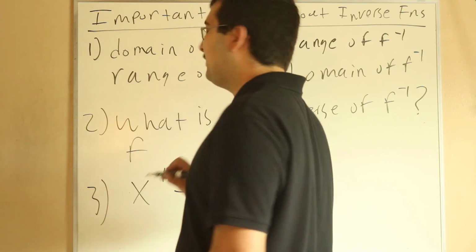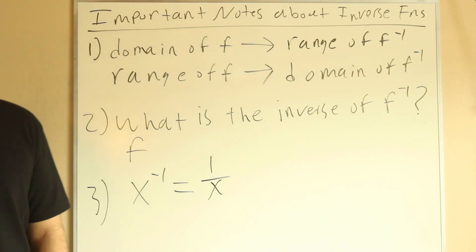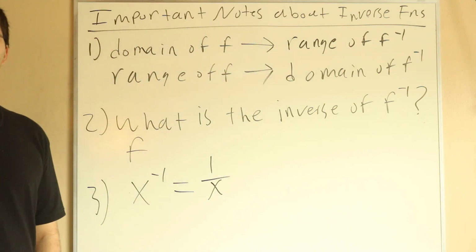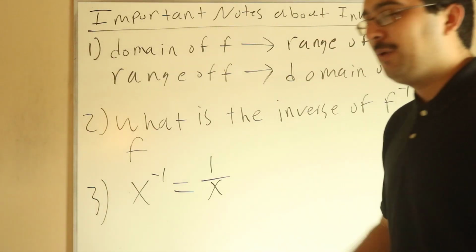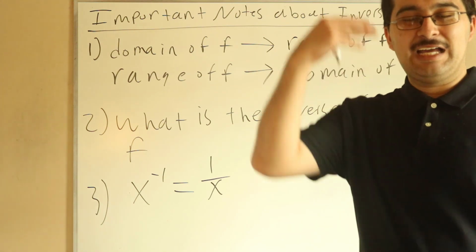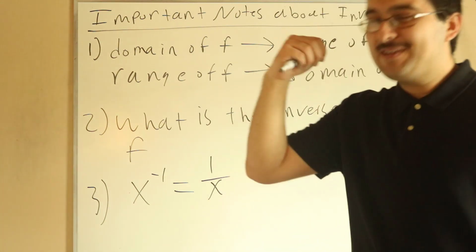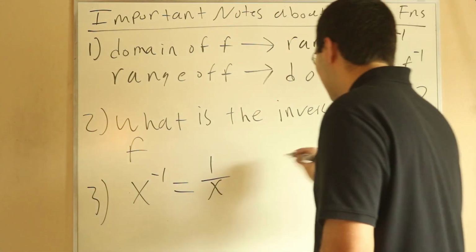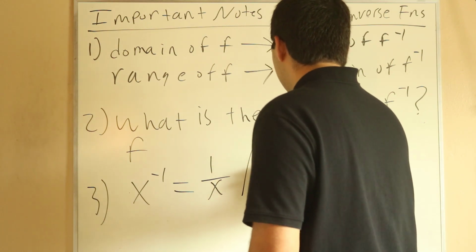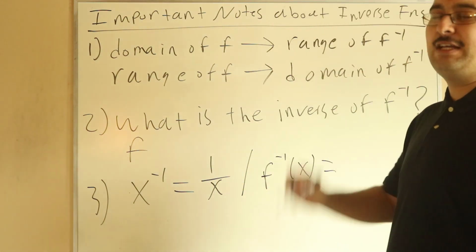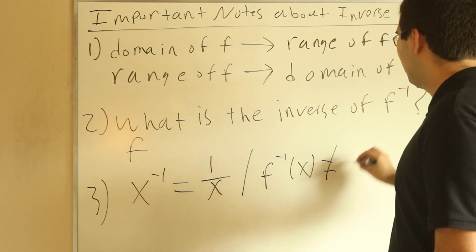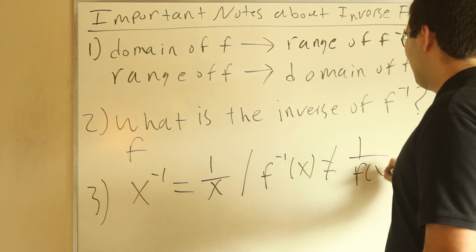That is the meaning we gave to negative exponents: you just make it into a reciprocal. Now, what we have to understand, and I'm going to emphasize right now, is that f inverse of x does not necessarily equal 1 over f of x.